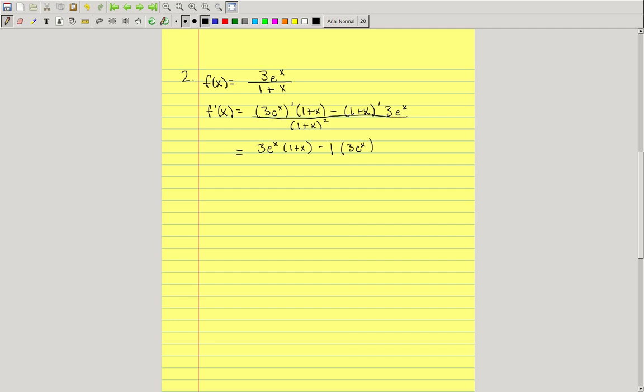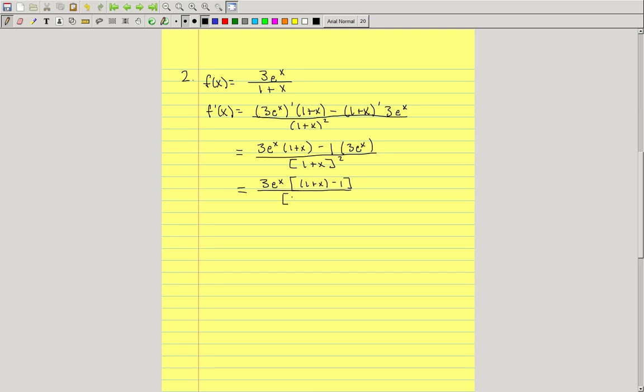We see that after we copy down our denominator, our numerator has a common factor. That common factor is 3e to the x. After pulling out that common factor, we're left with 1 plus x and then minus 1 in the numerator.